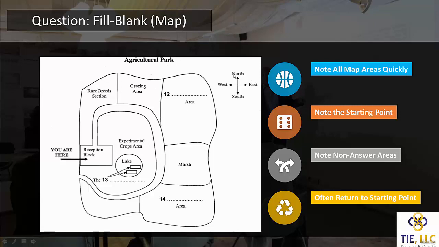You also want to know your directions, north, south, east, and west, because they're going to again connect answer choices to directions. Also, what you want to make sure that you're aware of is that very often with a map question, they'll take you back to the reception area and start over to take you in a different direction.